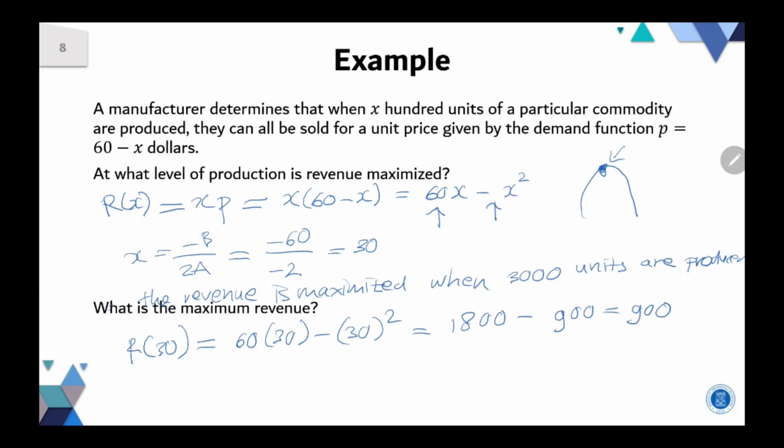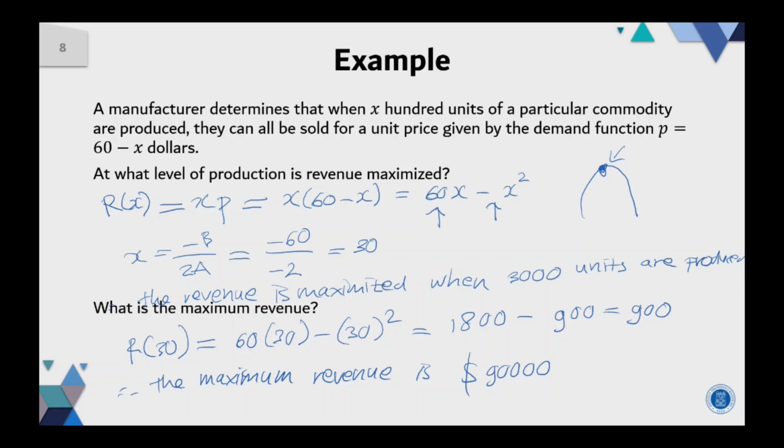But again, x is in hundreds, so we have the maximum revenue of $90,000. This is the maximum revenue of this manufacturer. All right.